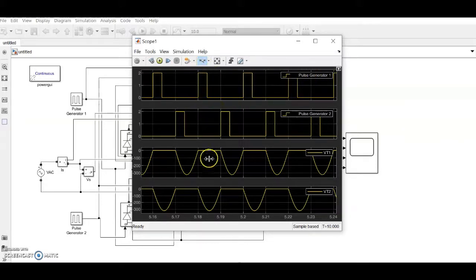When it is given, it means VT1 is on. On means it's 0. When it is off, we are getting the full input voltage across it. Similarly VT2 also. When pulse generator 2 is given, its positive half cycle is truncated. Only negative is there.